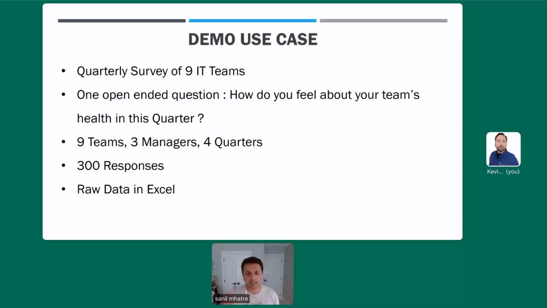It's just de-identified, and all of the proprietary information, all of the privacy details have been scrubbed out, and otherwise it's real life data. This dataset has responses from 9 teams, rolling up to 3 managers, and the surveys have been administered over a duration of 4 quarters. There are 300 responses, and they are available in an Excel file.